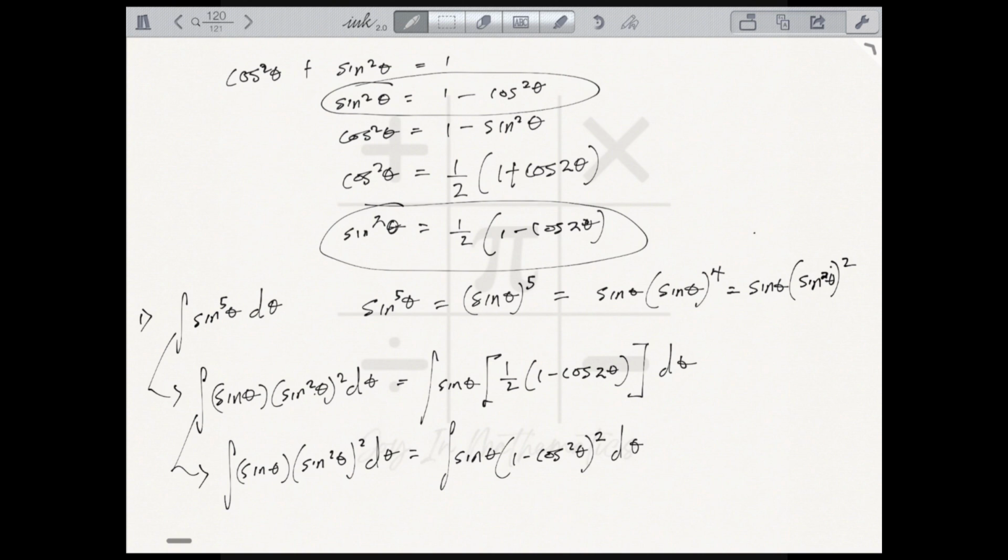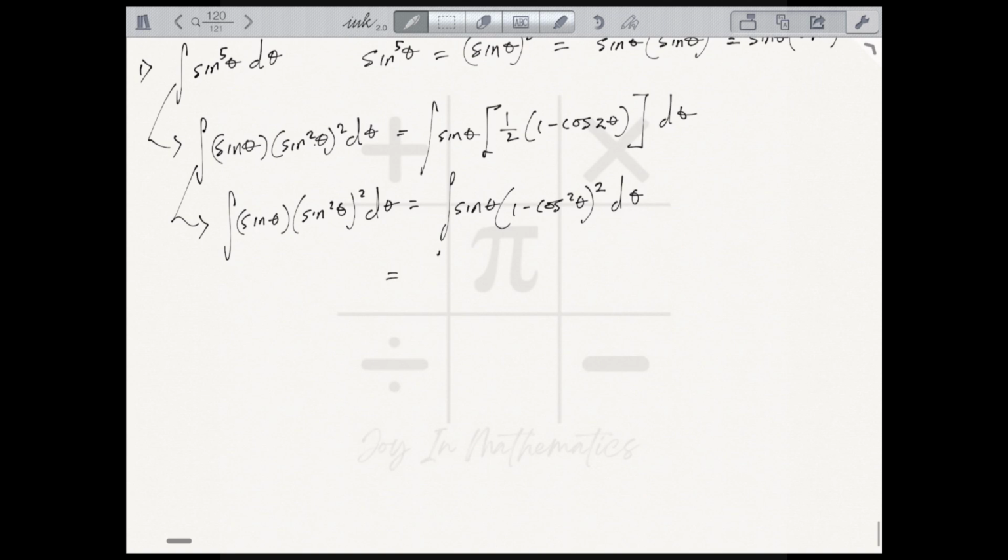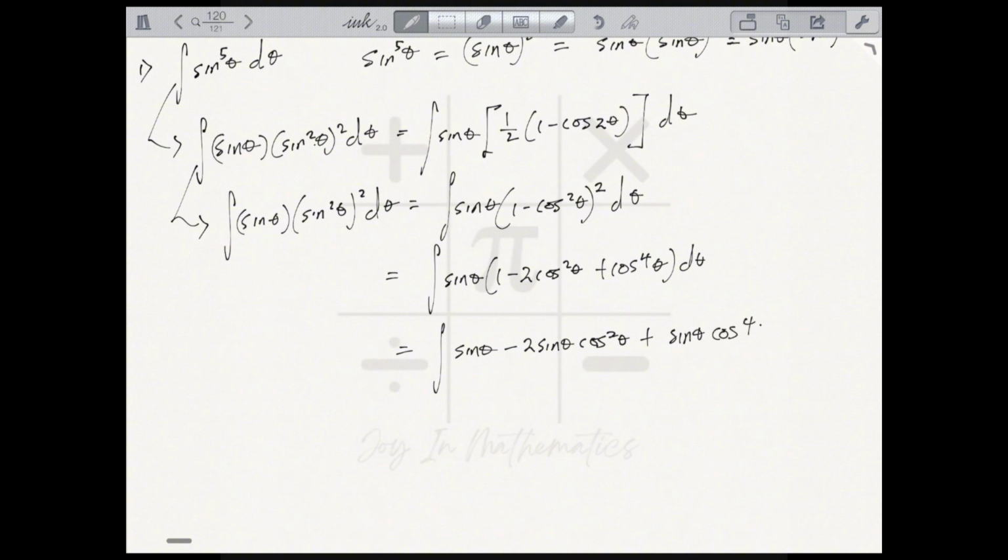Now this is possible because when we simplify further, we will have sine theta multiplied by 1 minus 2 cos squared theta plus cos 4 theta d theta. Now let's open the brackets. We'll have sine theta minus 2 sine theta cos squared theta plus sine theta cos raised to power 4 theta, everything integrated with respect to theta.